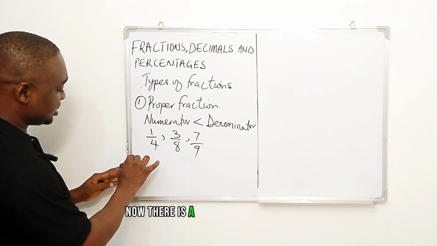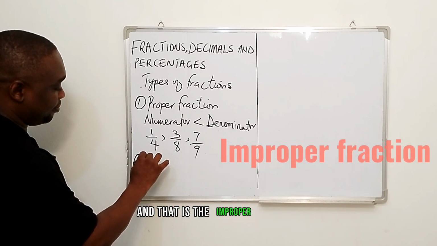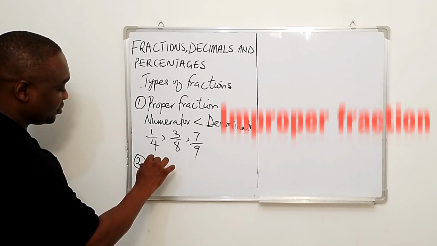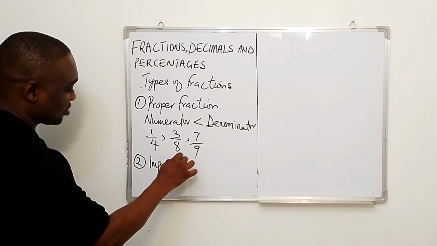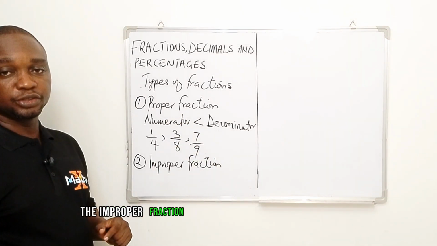Now, there is a second kind of fraction, and that is the improper fraction.